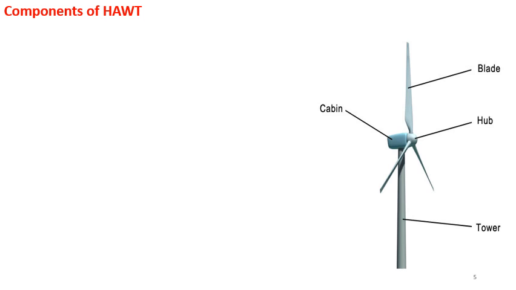Here you can see the important components: blade, hub, cabin, then tower. Mainly the rotor is a very important design consideration.